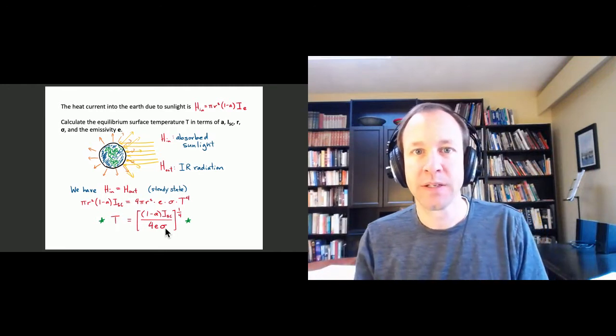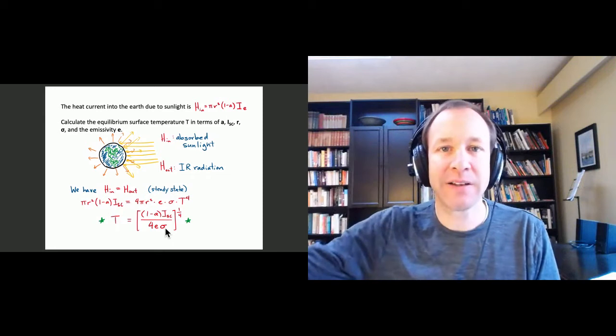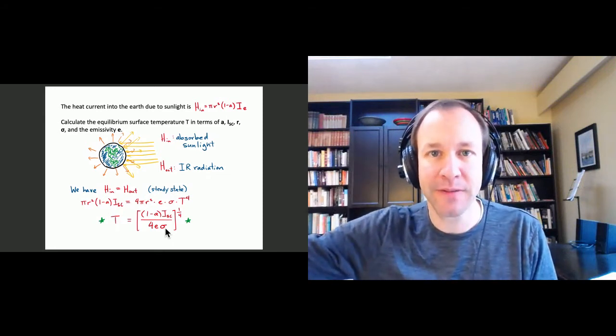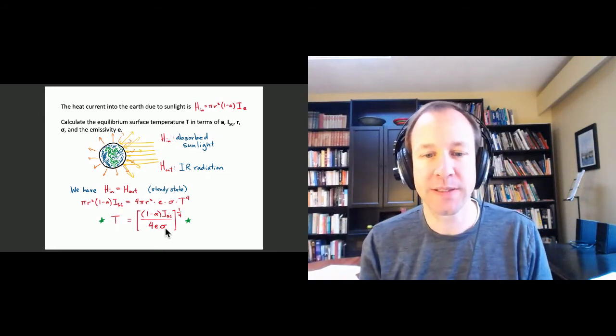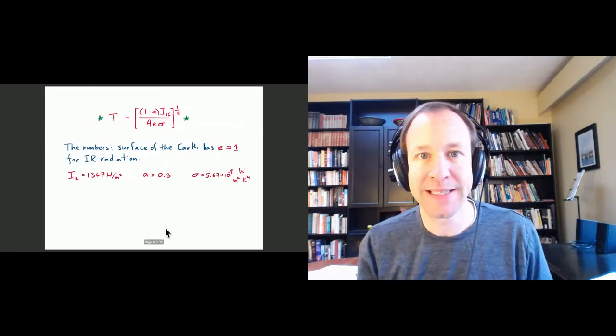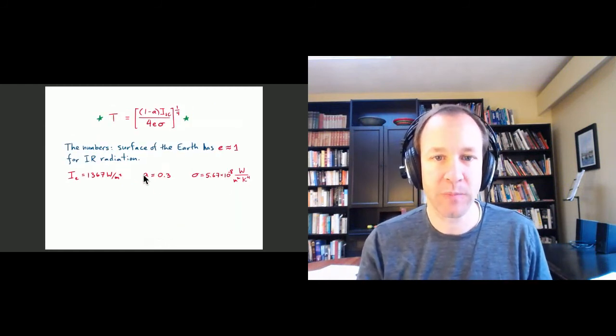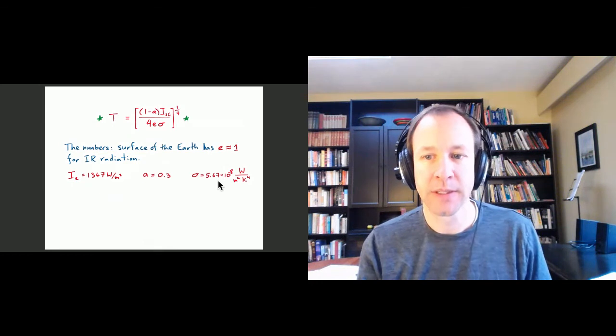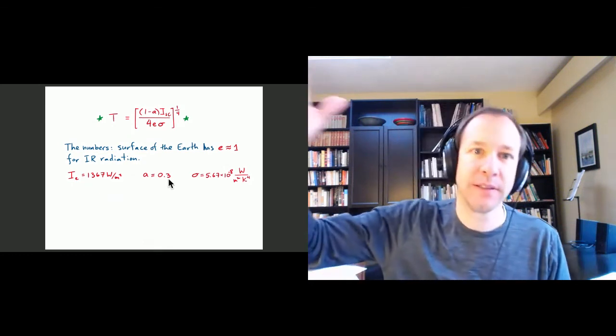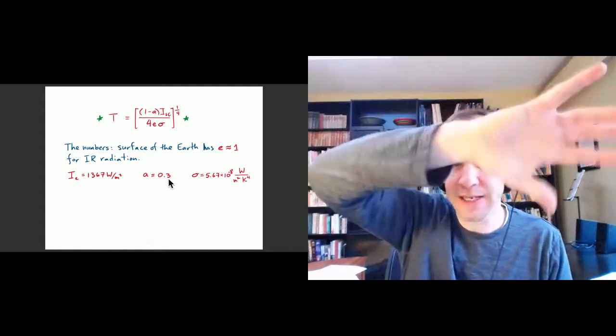Okay, so not accounting for effects due to the atmosphere, we can just set E equals 1 and see what we get. Okay, so I plug in all of these numbers. The A equals 0.3 has to do with the amount of cloud cover and the colors of the various things.